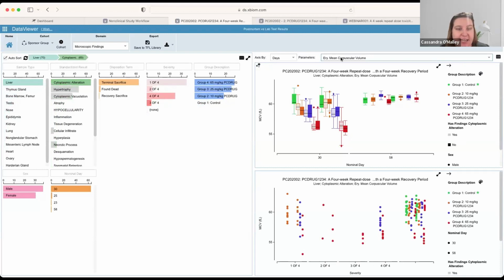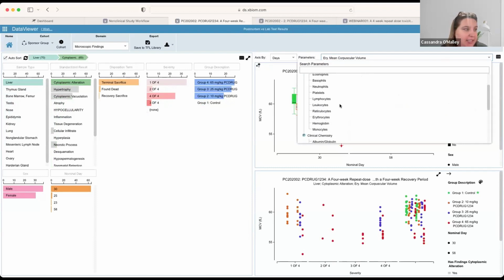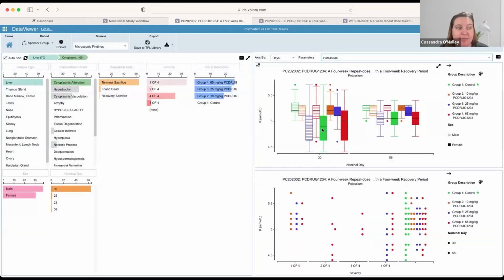And then on the right-hand side, I'm going to select, just looking for any of them, potassium because I know that there's no correlation here. When I've selected this, I see that at the very bottom right, we're plotting the potassium against the severity of the findings.